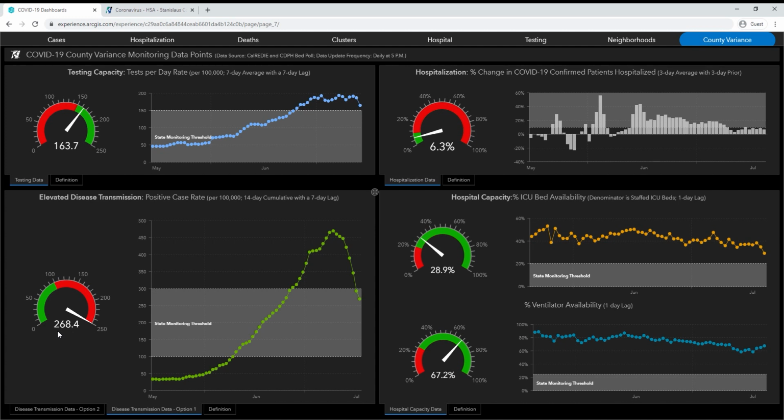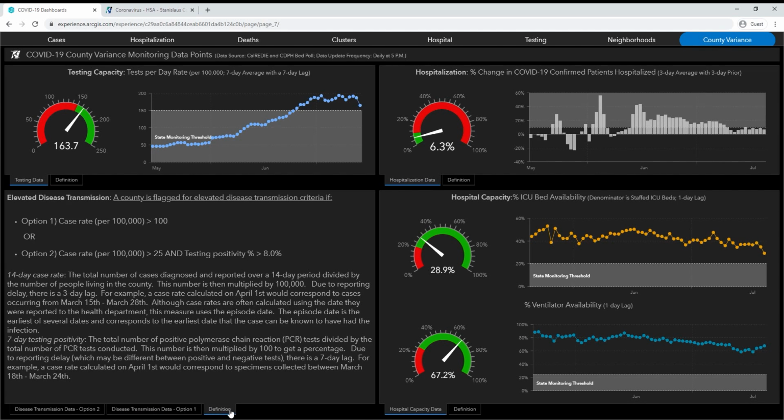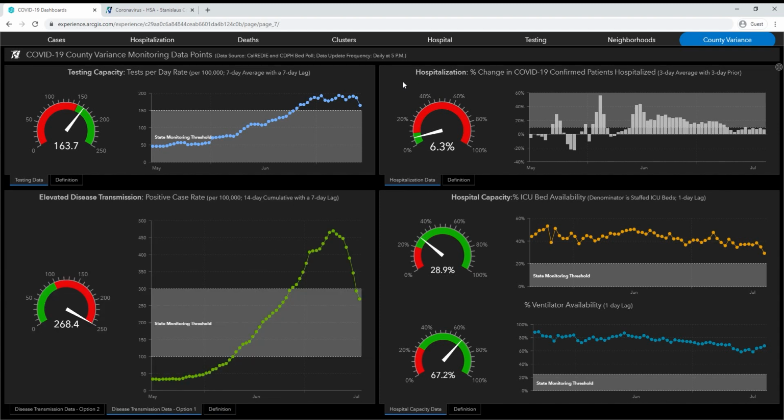Here, we are listed as at 268.4 positive cases per 100,000 residents for a 14-day cumulative, which means we meet the elevated disease transmission threshold as set by the state monitoring standard. This number will change based on the number of positive cases reported in the past 14 days. Again, if you would like to see the definition, you can click on the definition tab next to the disease transmission data option 1.